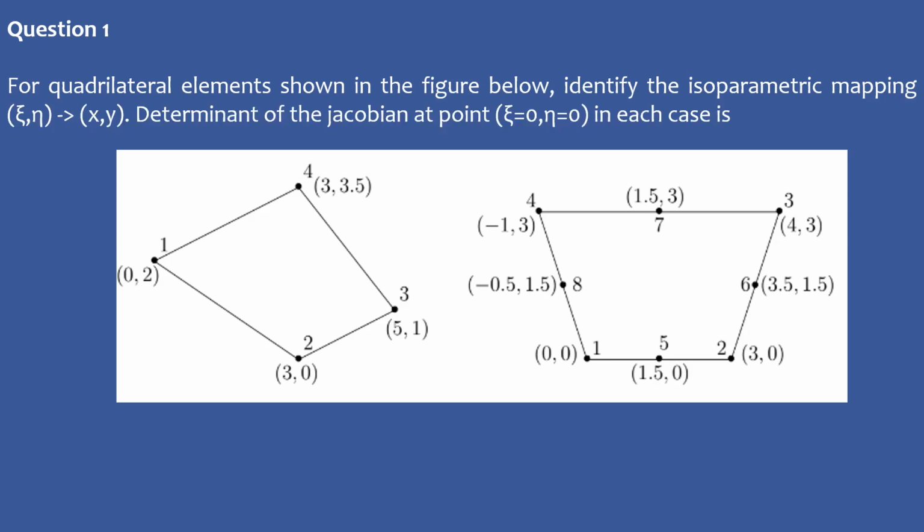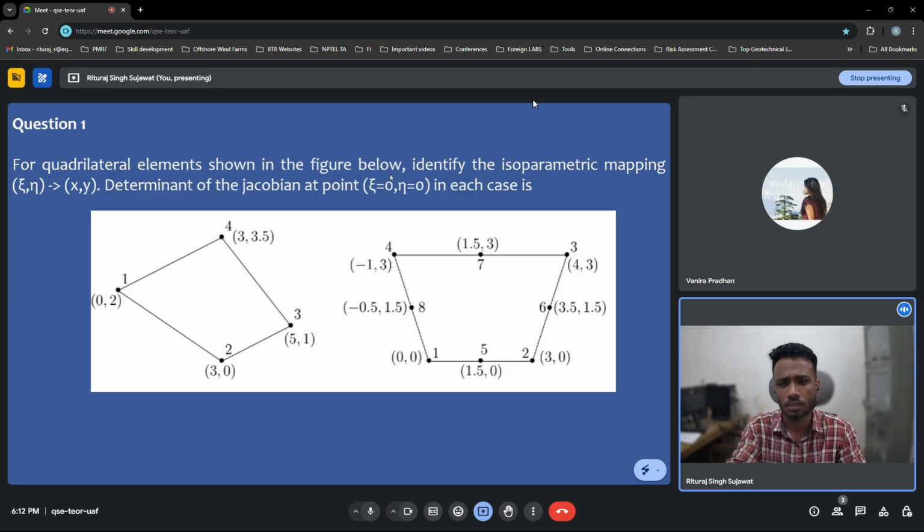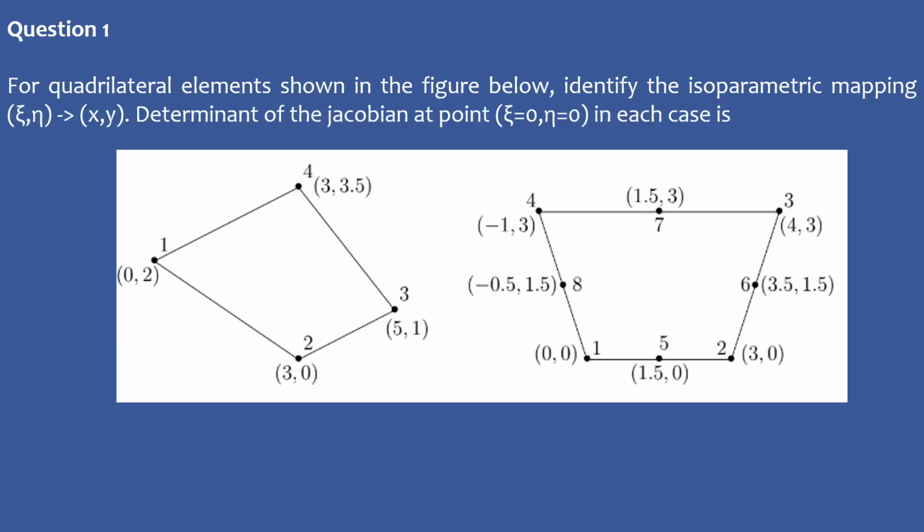For quadrilateral elements, these are the particular elements we are going to deal with. For that case, we also need to deal with the Jacobian, which is a component to map the linear elements to the curved elements, or the curved elements to the linear elements.